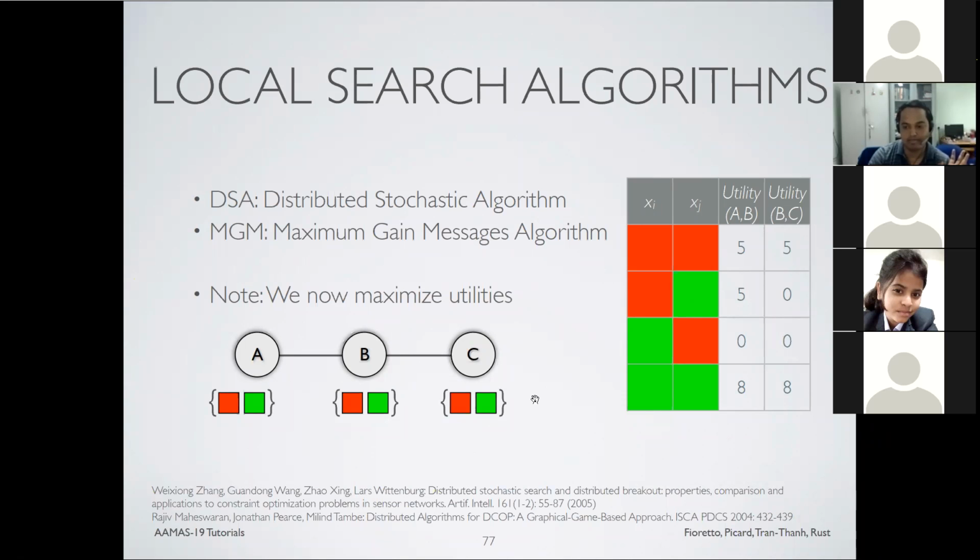Now, my graph is this, ABC. We have taken a very simple graph with 3 nodes, A, B, and C. There is an agent on each node: an agent on node A, an agent on node B, and an agent on node C. The agent at node A is responsible for choosing the color of A. The agent located at B is responsible for choosing the color of node B. Similarly, the agent deployed at C is responsible for choosing the color of node C. Each agent will choose the color for their node that will give the maximum utilities.